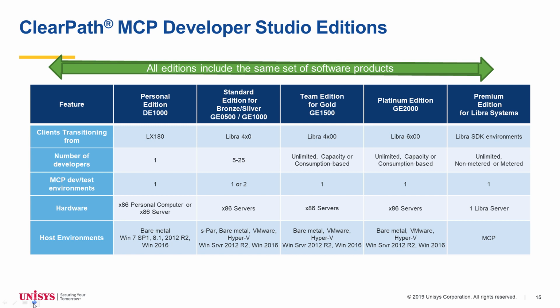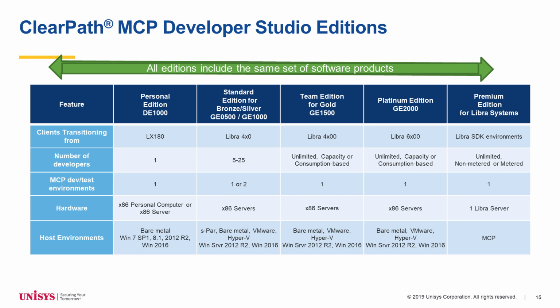So all of the products that you have available in a smaller Developer Studio edition, you would have available in the premium edition as well. And I'm sorry, in the Platinum edition.